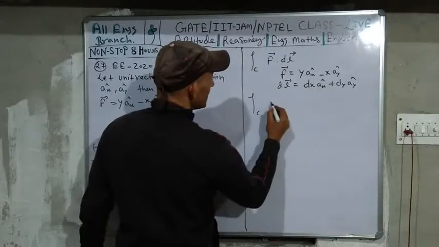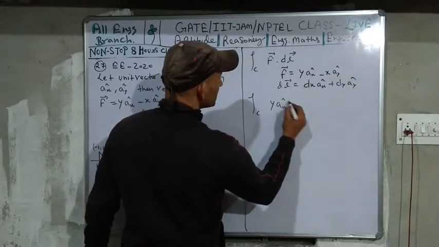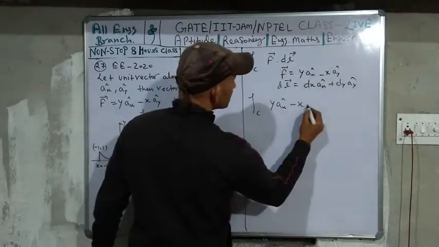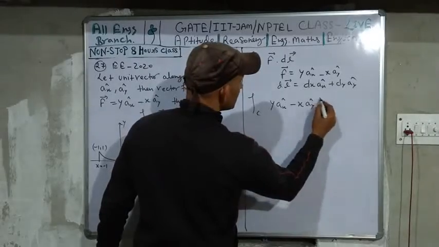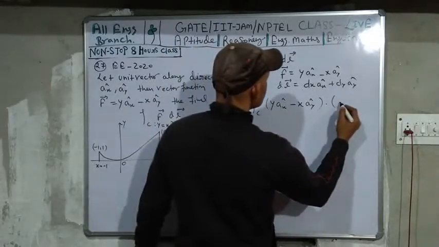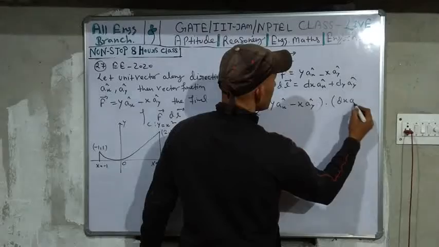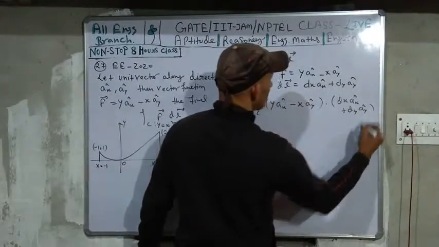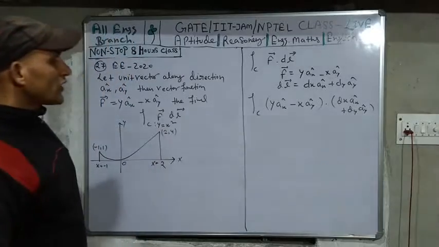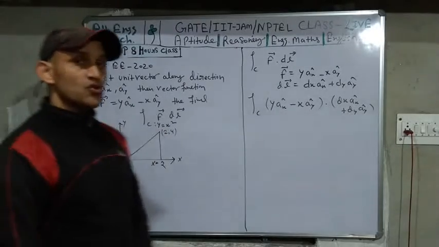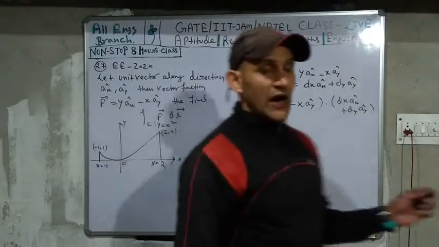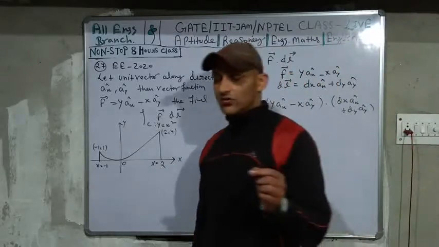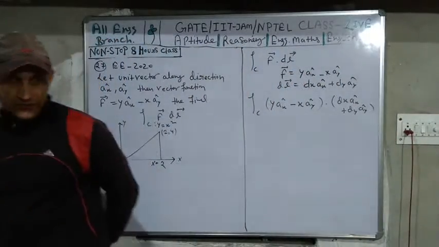Integration over C of (y ax minus x ay) dot (dx ax plus dy ay). You know that i dot i is 1, j dot j is 1, i dot j is 0, and j dot i is 0 for the dot product.